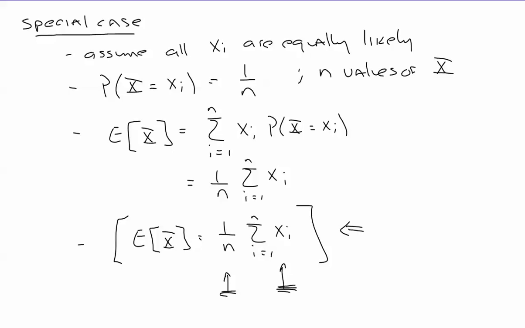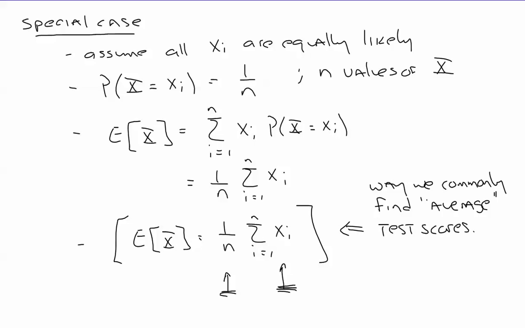You will probably have seen this, the way we commonly find, in quotes, average test scores. Really what you found is the mean of a discrete random variable, the random variable meaning the scores of the students on a particular test. All right, so this should look familiar to you.